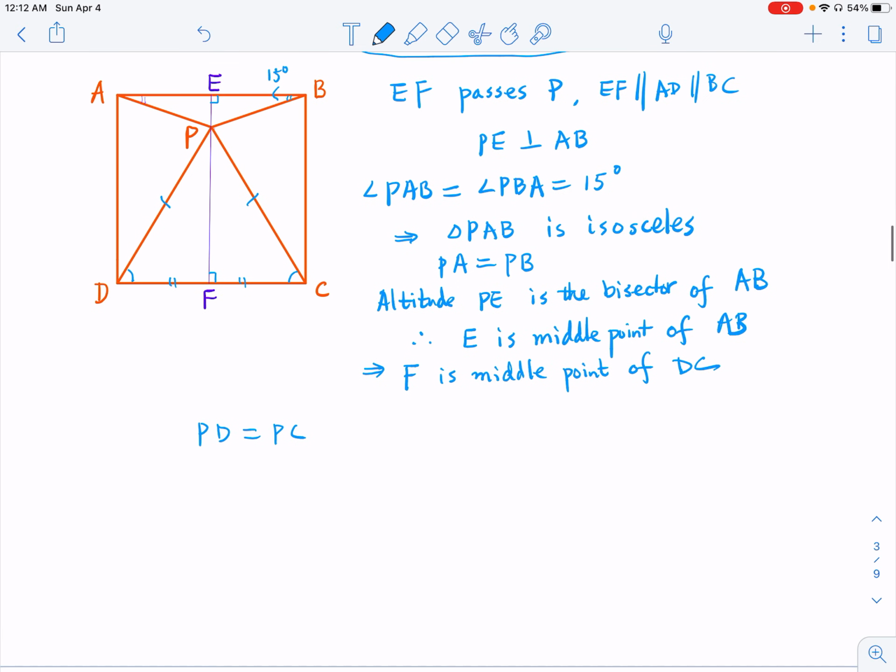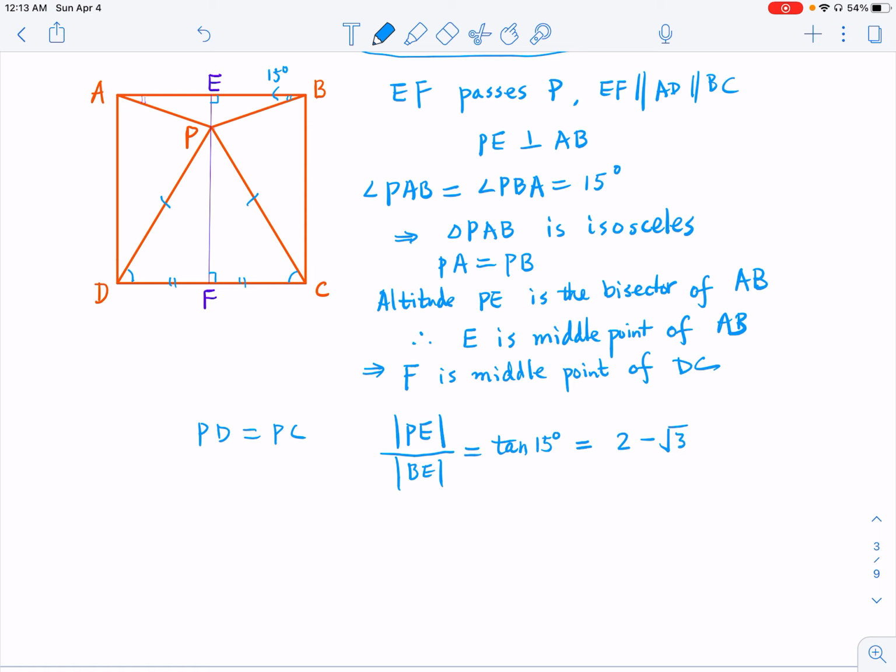So let's figure out the length of PE divided by the length of BE. That would equal tangent of 15 degrees, and that would equal 2 minus square root of 3.